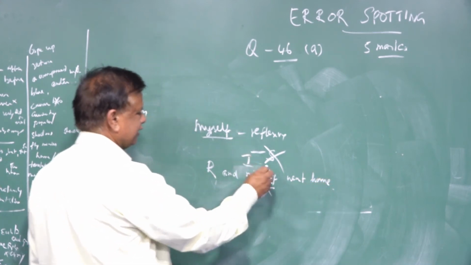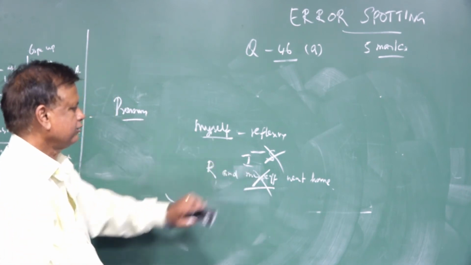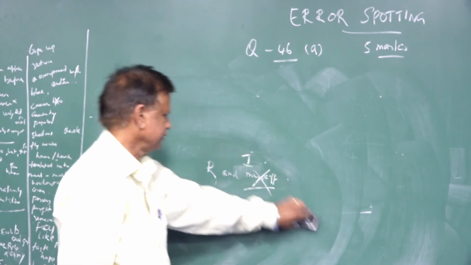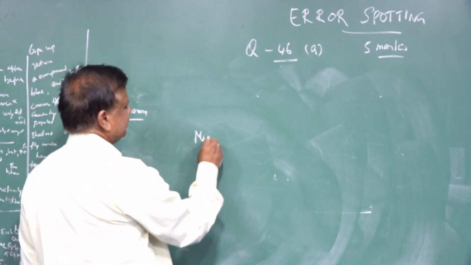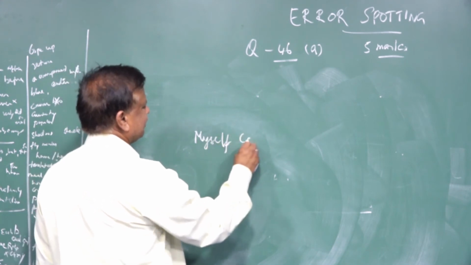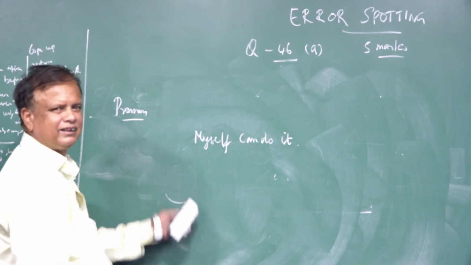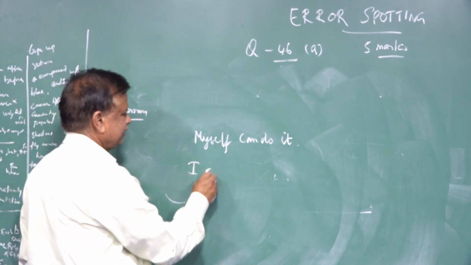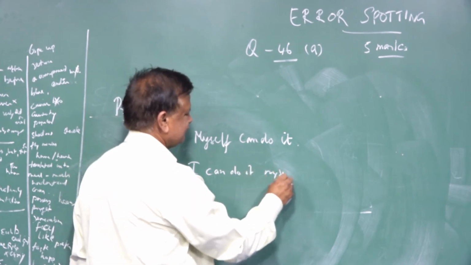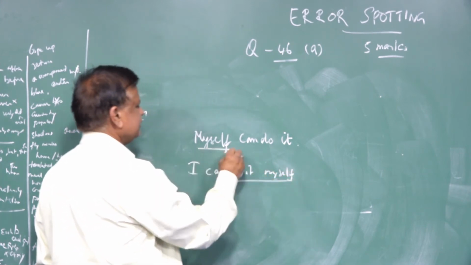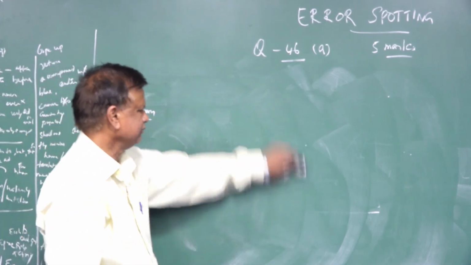I will have to use I. Similarly, a simple sentence will be given. Myself can do it. What is the error in this? I can do it myself. This is the correct form. This is the wrong form. So that should be remembered.